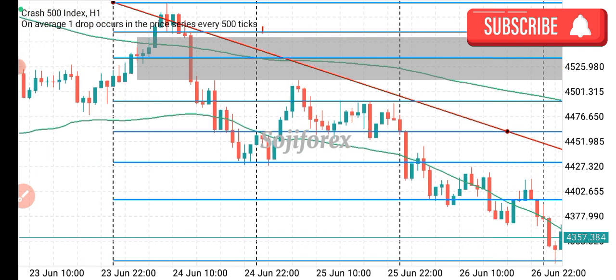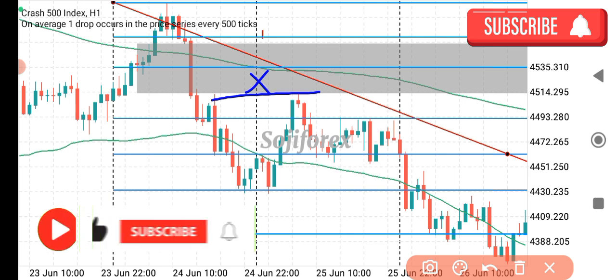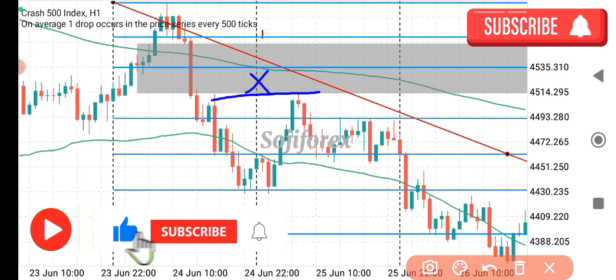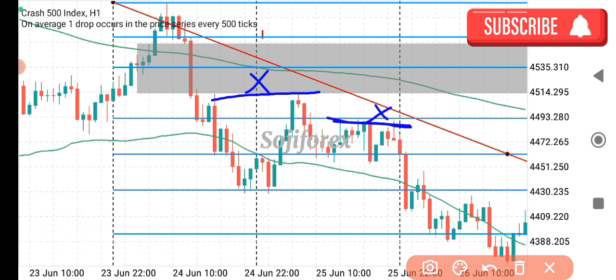So you can see that this is the H1 time frame. All this here, we have this liquidity sitting here. So we are expecting price to come and take that static liquidity, and even here too, here as well, this is liquidity.